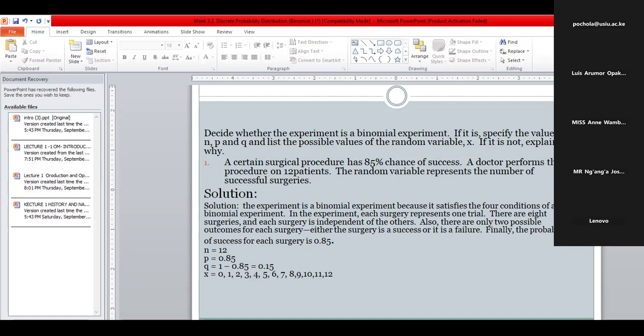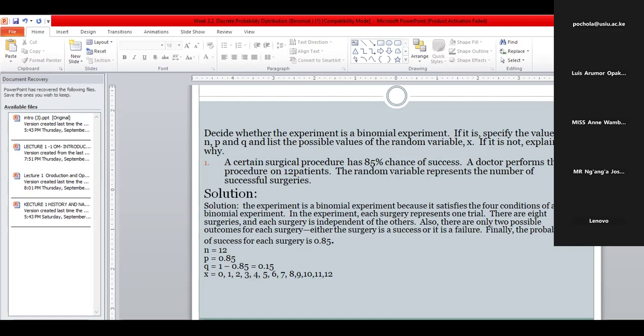So N here is equal to 12, P is 0.85, and since P plus Q must be equal to 1, then Q is equal to 1 minus 0.85, which is 0.15.